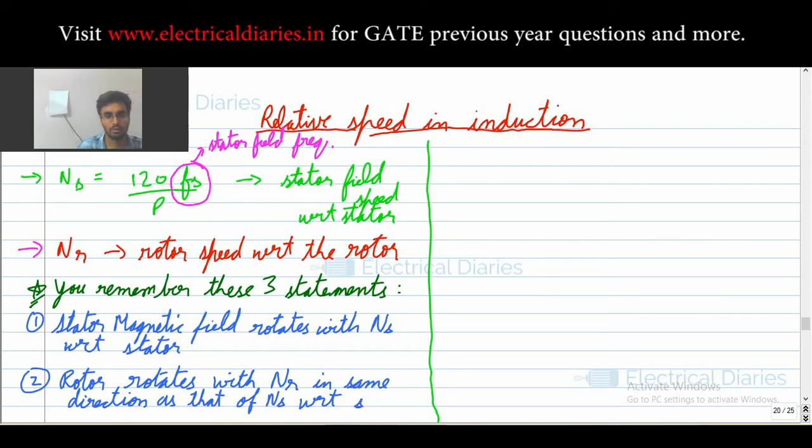This also you always remember. Sorry, that was a mistake earlier: NR is the rotor speed with respect to the stator.